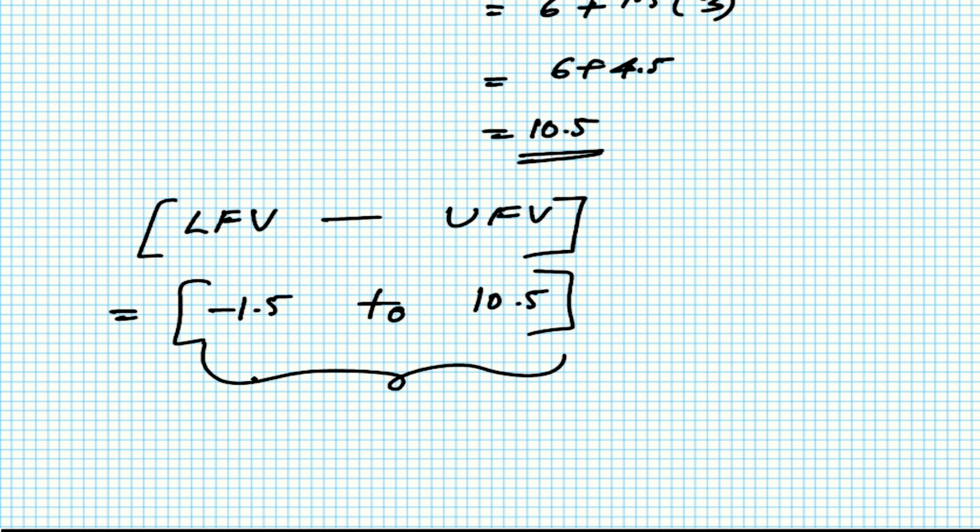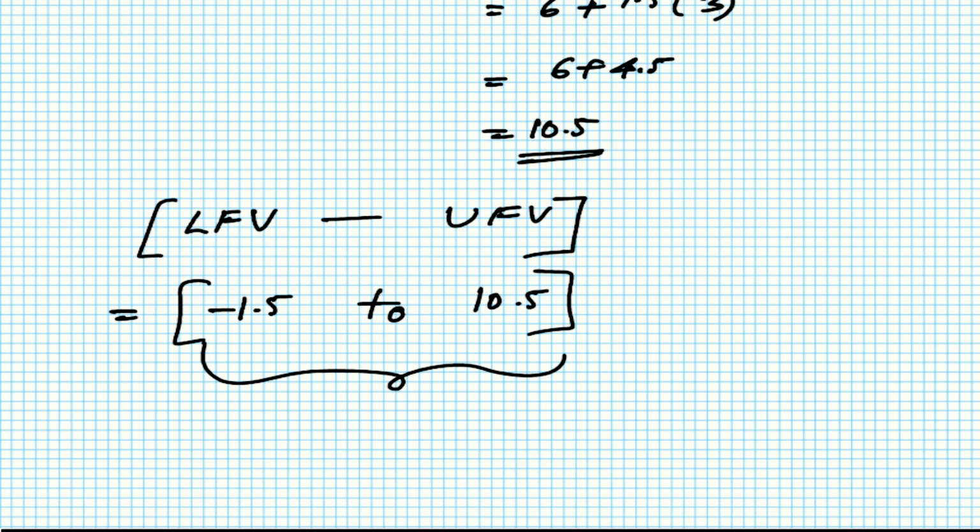This is the lower limit, that's why we call it a lower fence, and 10.5 is the maximum allowed data which is not an outlier. So if the data point is greater than minus 1.5 and lesser than 10.5, then that is not an outlier.